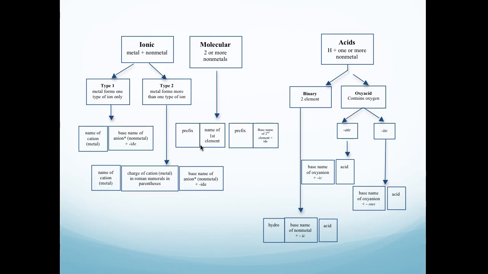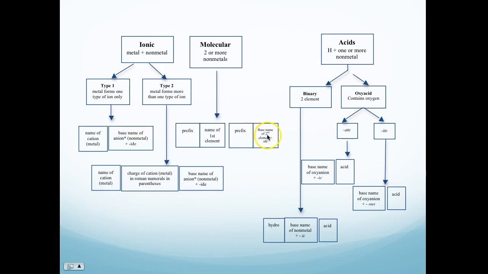Okay, so if I, for example, again have N2O, you can go ahead and write it down if you like. Since the N has a subscript 2, I have to put di in front of it. And then the name of the first element. So it'd be dinitrogen. And then for the second element, if it's N2O, I only have 1 oxygen. So it would be mono, and it would be nitrogen monoxide.